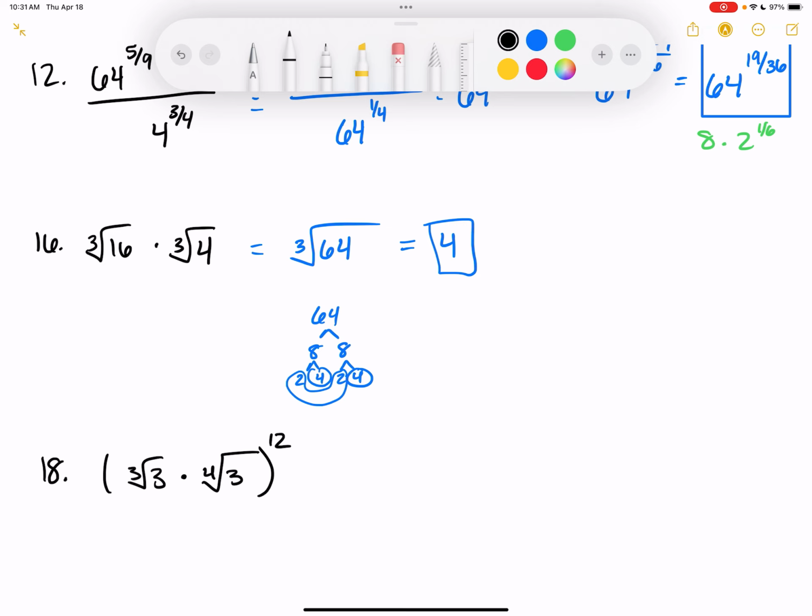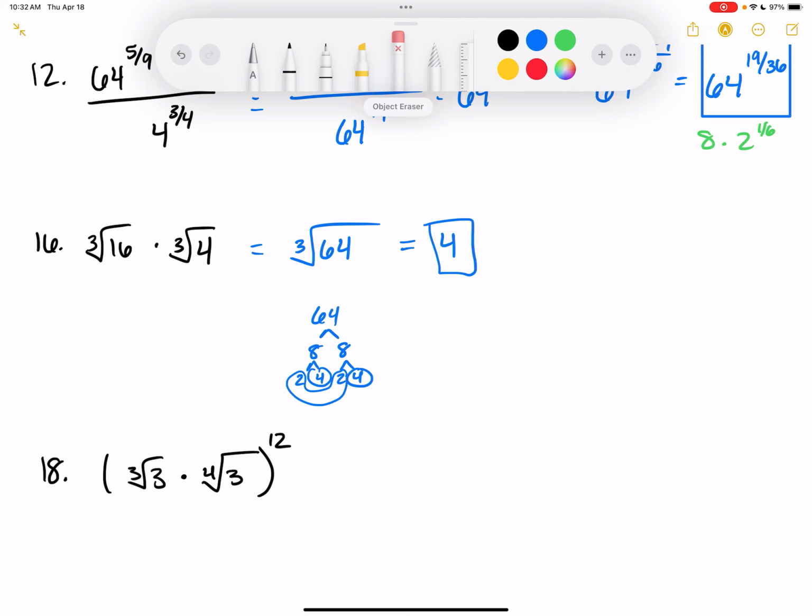No. Why not? Because you have two different groups, right, yes. It's a little bit of a trick question. I'm just trying to get you to tell me why. They have different roots on them. So I need to raise everything to the 12th power.